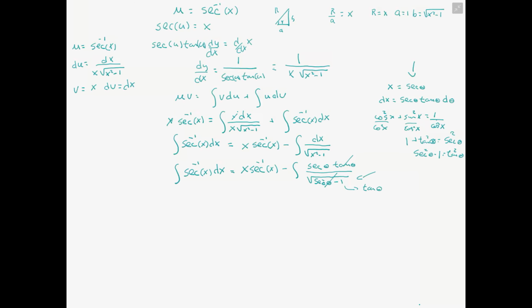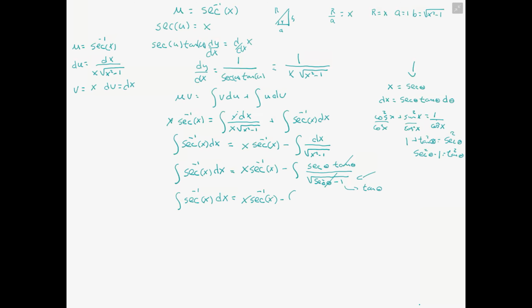So now we have in the denominator the square root of tan squared theta, and that is simply tan theta, and then that crosses out with this, because this is tangent theta.